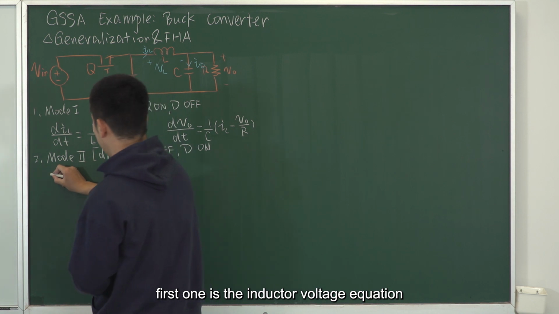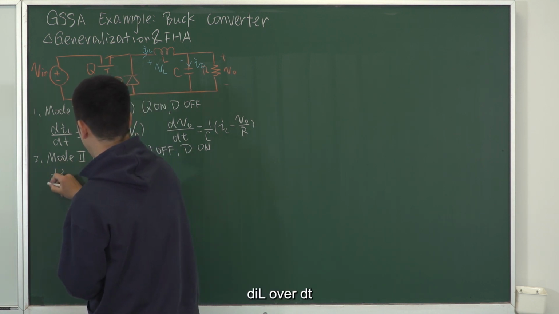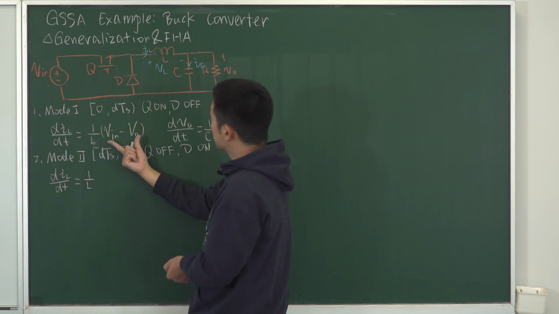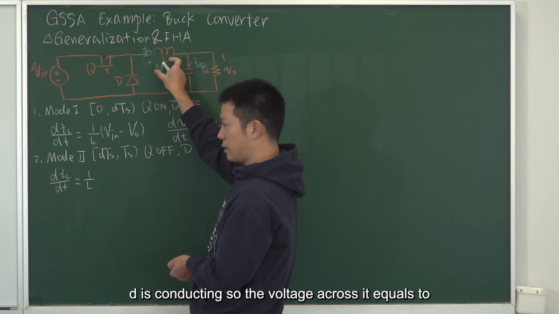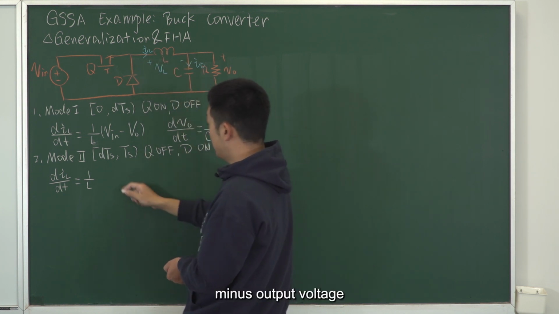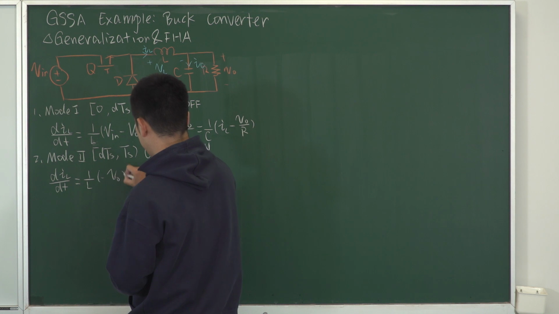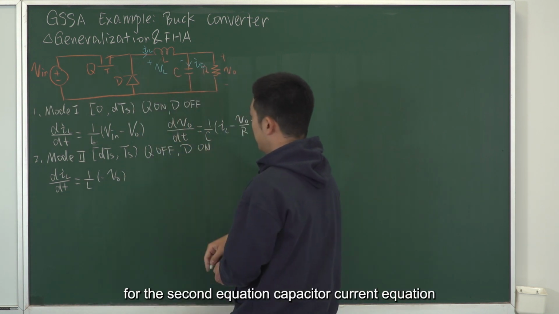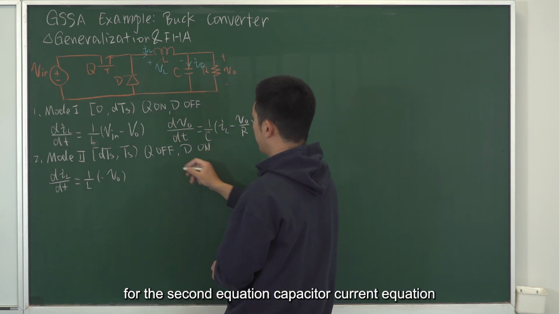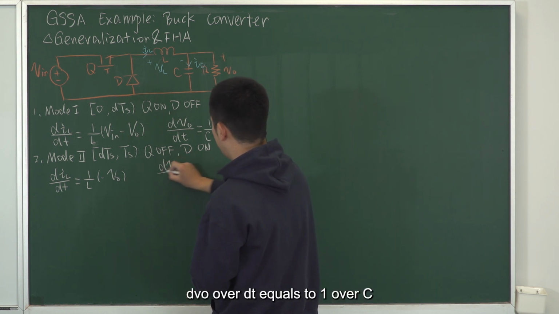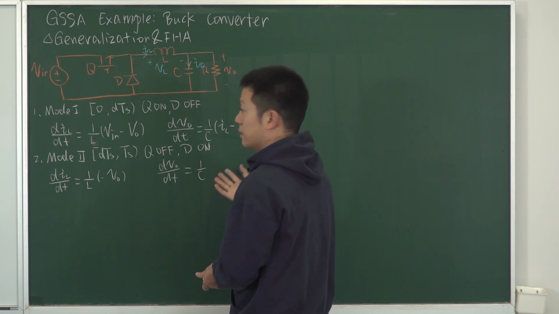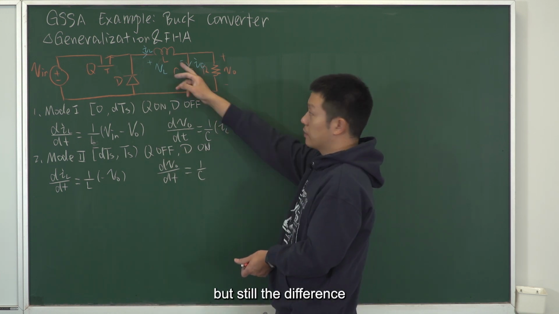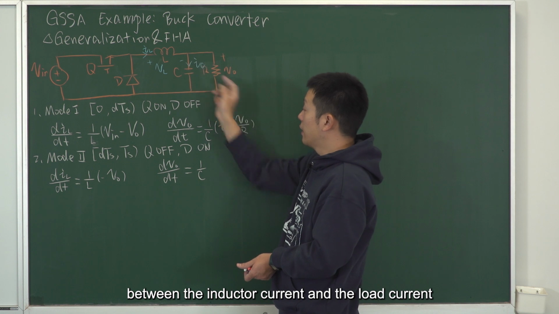The first one is the inductor voltage equation, dIL over dt equals 1 over L. Think about the case where D is conducting, so the voltage across it equals minus output voltage. For the second equation, the capacitor current equation, dVO over dt equals 1 over C, which is unchanged, right? Still the difference between the inductor current and the load current.